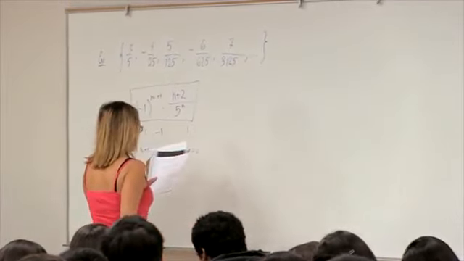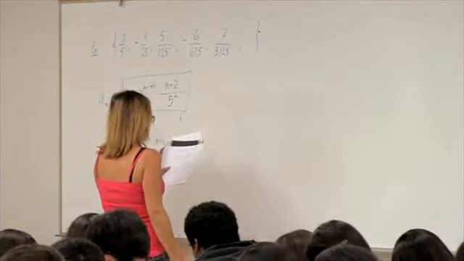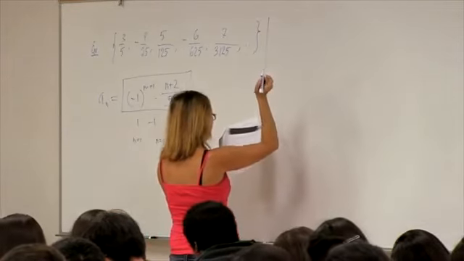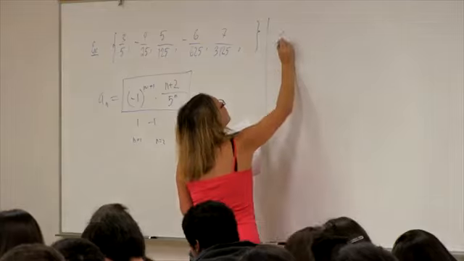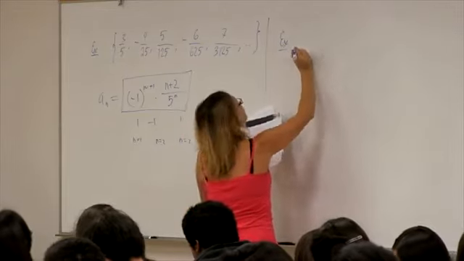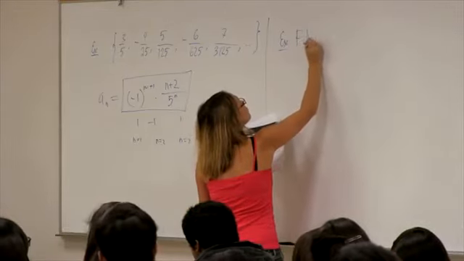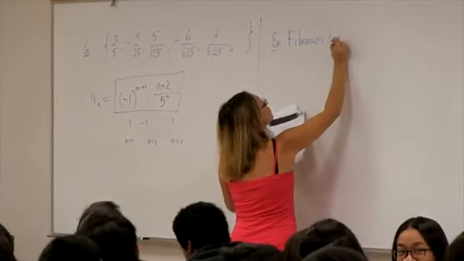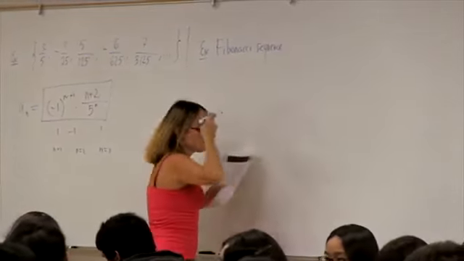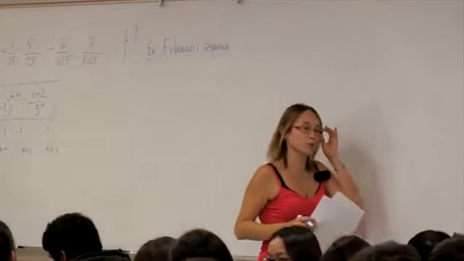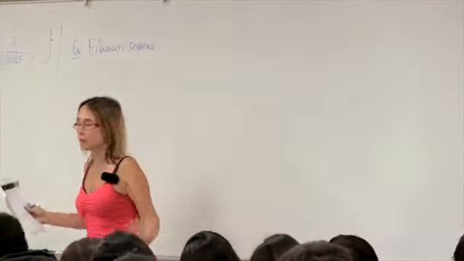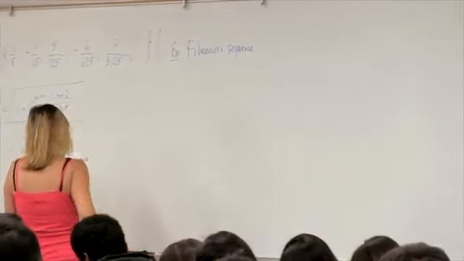there are several famous sequences. Something that I want to tell you about is the Fibonacci sequence. Fibonacci was an Italian mathematician who became interested in the reproduction of rabbits and how quickly their numbers increase.